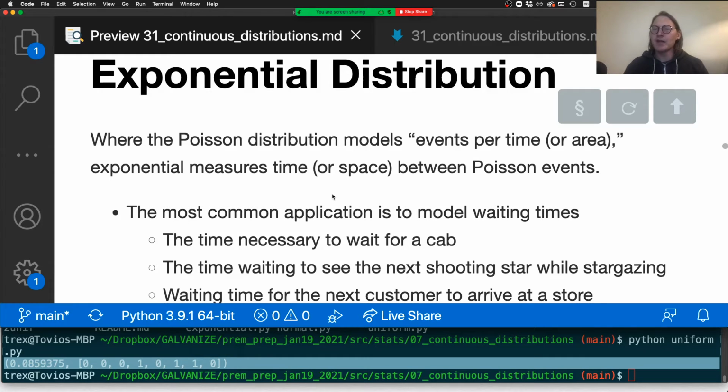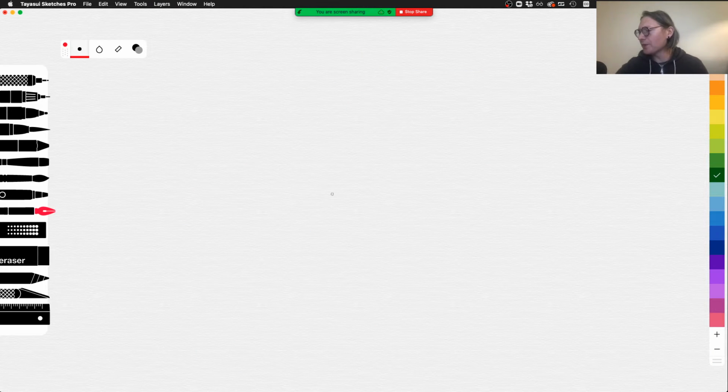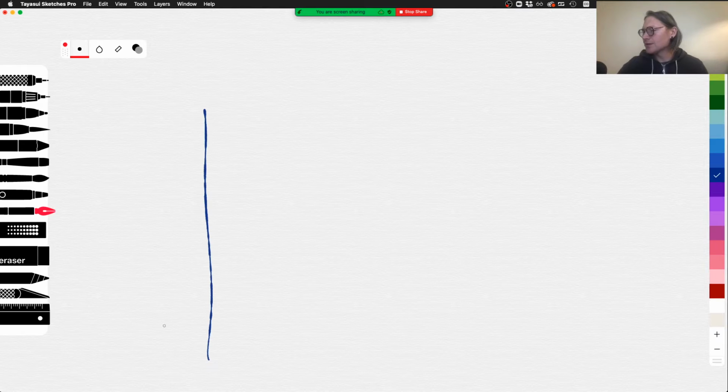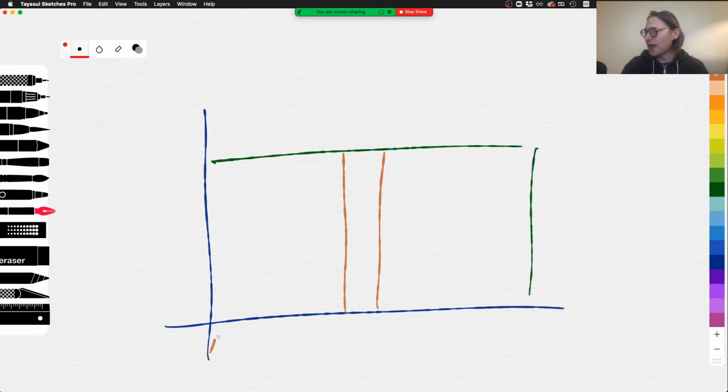The main takeaway is if you are trying to figure out the probability of a certain outcome, and I'll just reiterate this visually, say some outcome between this and this, and let's say this is A, this is B, and this is x1 and x2, then we can get the distance between x1 and x2.